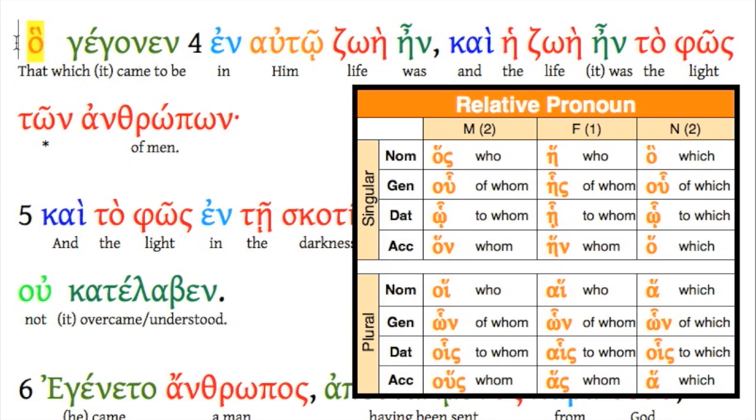So here's our relative clause. Ha gegonen en auto, that which came to be in him, life was. So life was what came to be in him. So can you see how this relative pronoun turns this whole phrase into one concept? That which came to be in him.